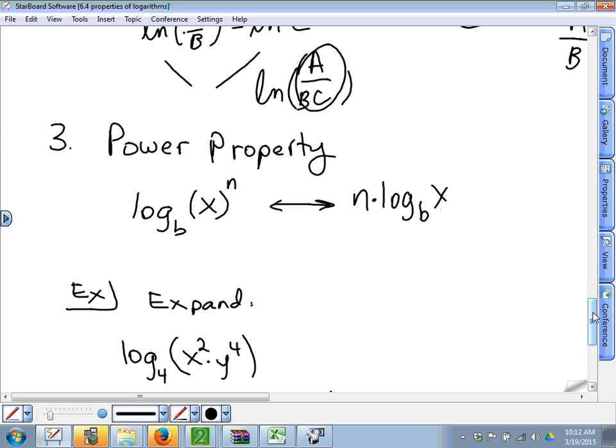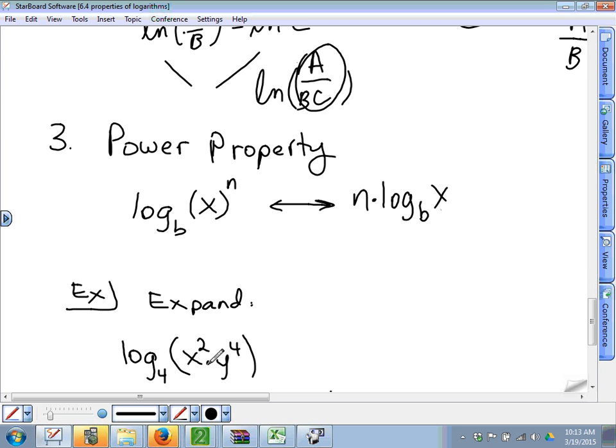This is a combination of property 1, the product property, because we have a multiply sign here. And then you've got the exponents. So take care of the product property first. How do you expand if you have a multiply sign? We talked about it. We're going to expand into two separate logarithms with a plus or a minus.